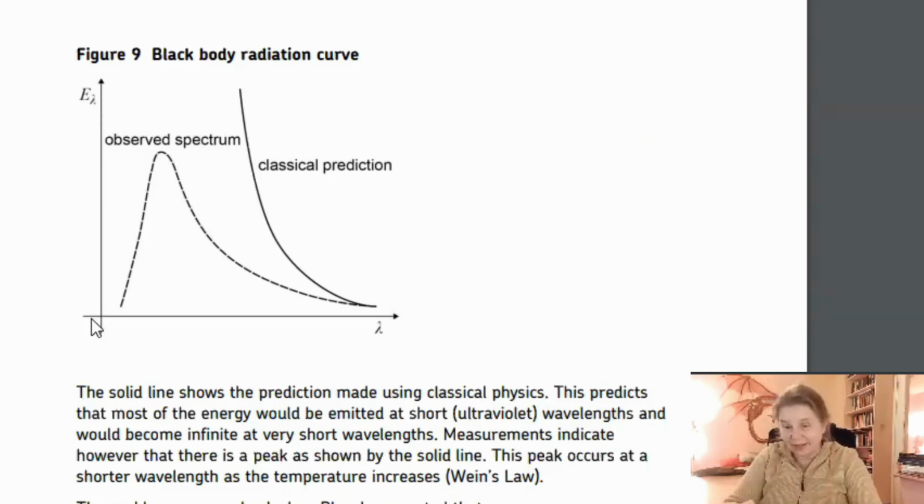And that's why it just drops back down to zero. Yay, we solved it. I hope that that's clear. But that's how this quantization of light solved the ultraviolet catastrophe.